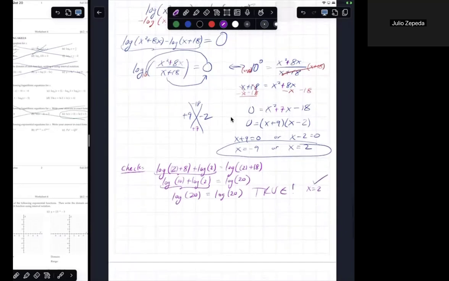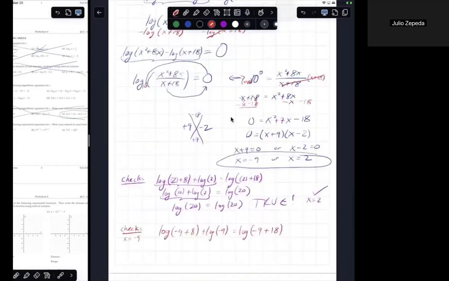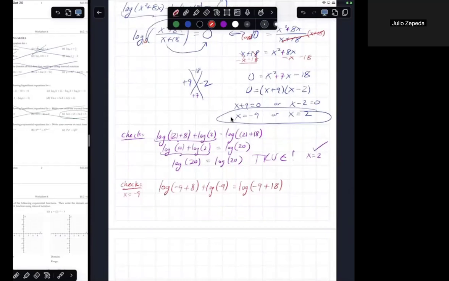Yay. Now let's go ahead and check x equals negative 9. Well, let's start with log of negative 9 plus 8 plus log of negative 9 equals log of negative 9 plus 18. This is the original equation with just my x plugged into it, but you can see there's a problem right here.